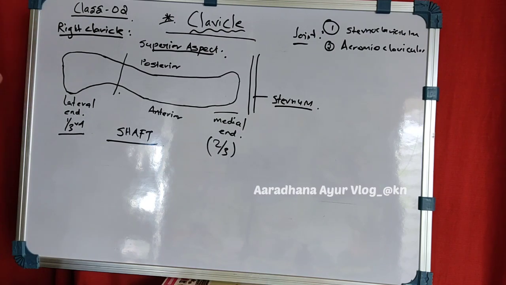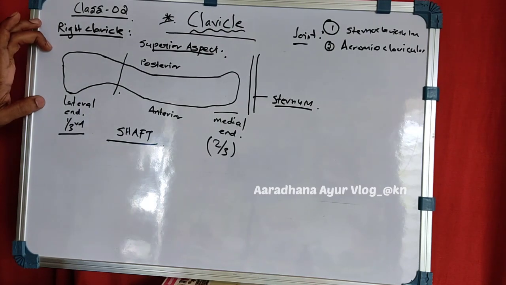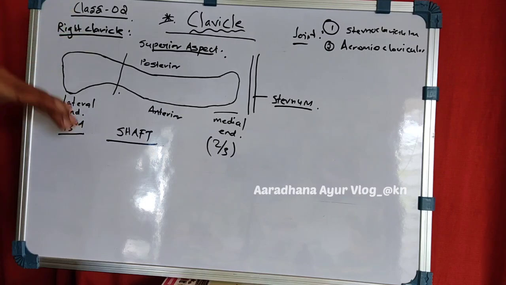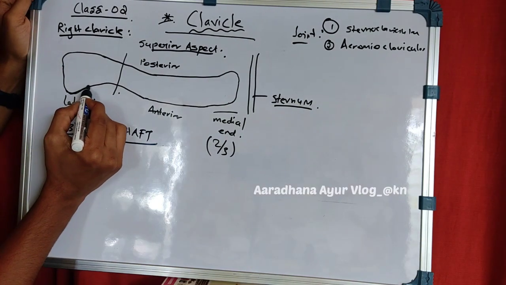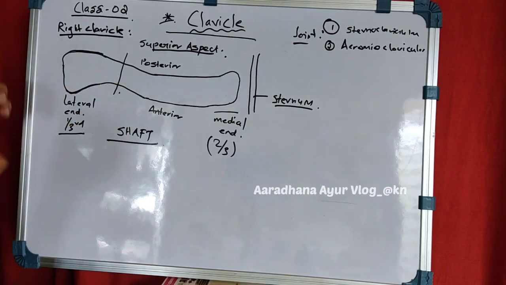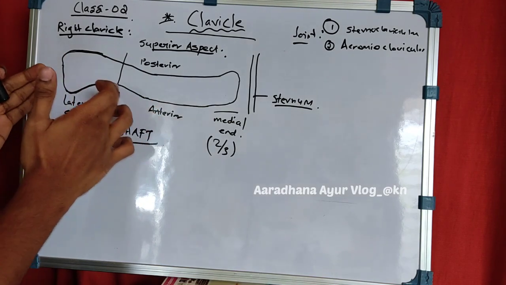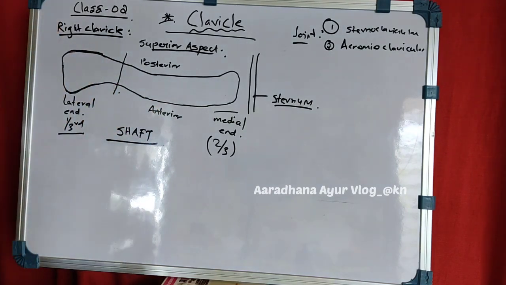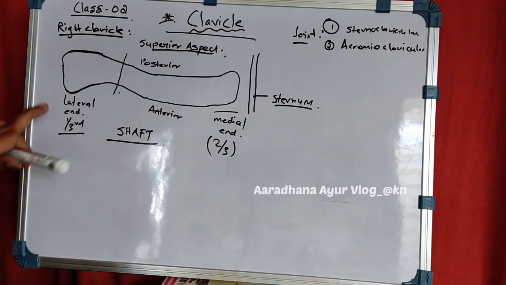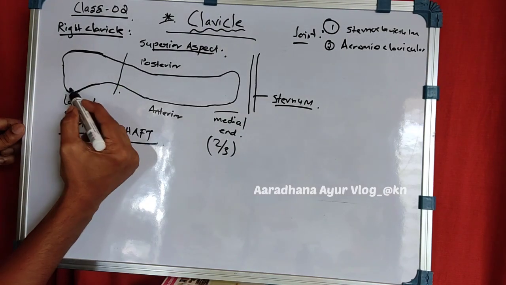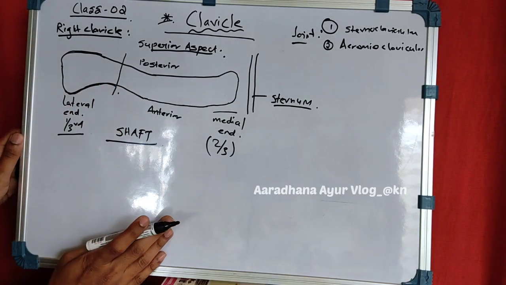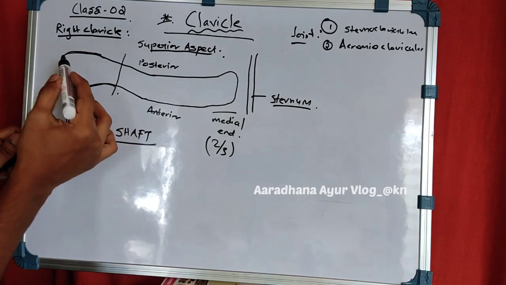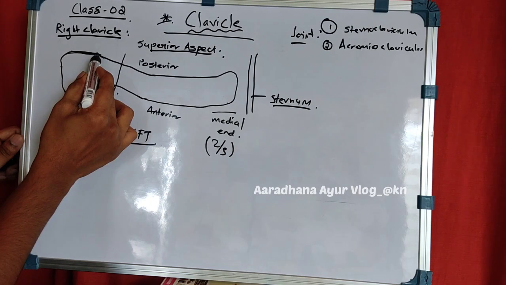The lateral 1/3 of the shaft is flattened from above downwards, and it has two borders. We are seeing from the superior aspect, from above. It has two borders, the anterior border and the posterior border. The anterior border is concave forward, and the posterior border is a little bit convex backward.